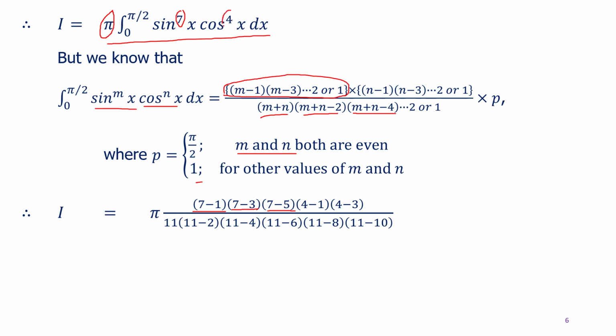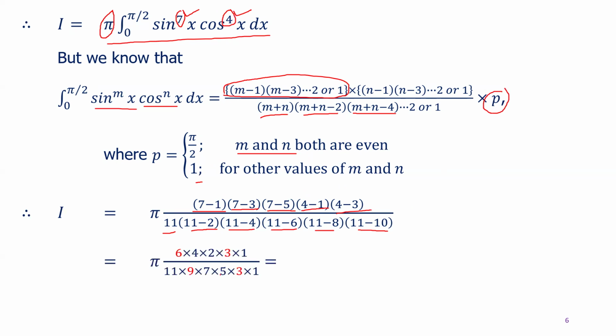Similarly, for the second part, 4 minus 1 and 4 minus 3, whole divided by 7 plus 4 is 11: 11, 11 minus 2, 11 minus 4, 11 minus 6, 11 minus 8, and 11 minus 10. Since here m is 7 and n is 4, one is odd and the other is even, so the value of p will be 1. We just have to multiply by 1.